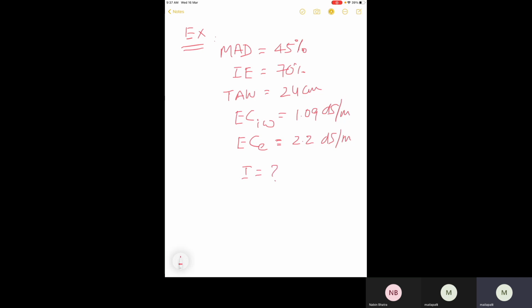By knowing MAD, our equation is I is equal to RAW divided by IE, into 1 by 1 minus LF, into 100. So this is the equation.